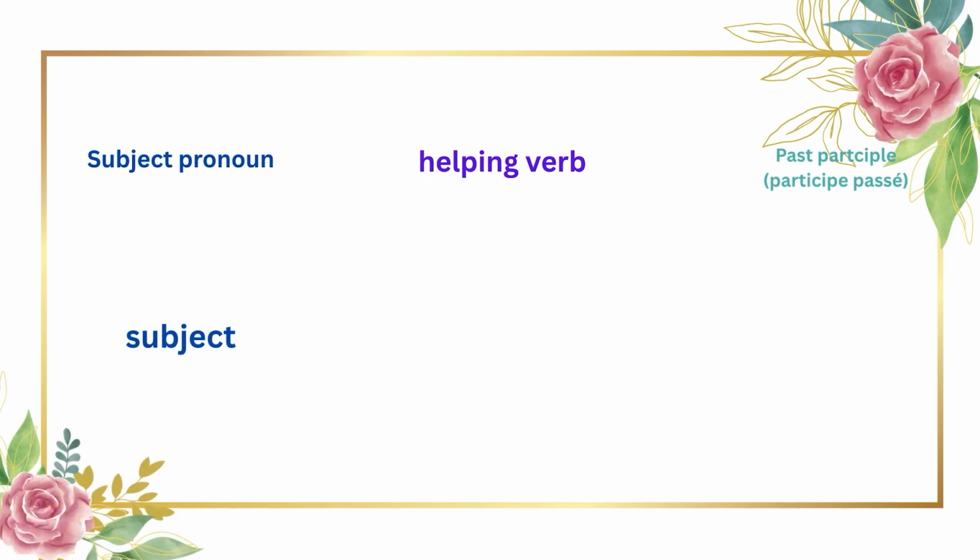To understand this even better, let's have a look at some examples. We have the subject pronoun je, and we will be conjugating the verb avoir, one of the two helping verbs, with respect to the subject pronoun. So we get j'ai, and it is followed by the past participle of any given verb.